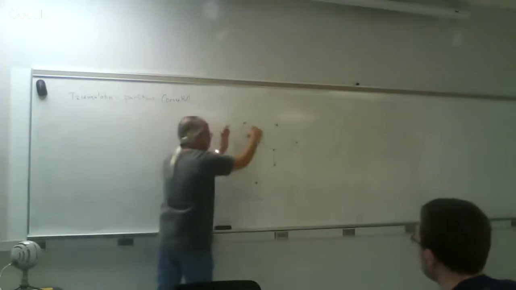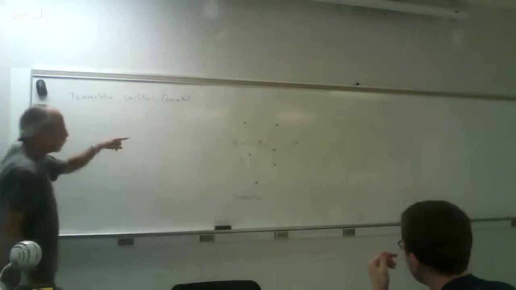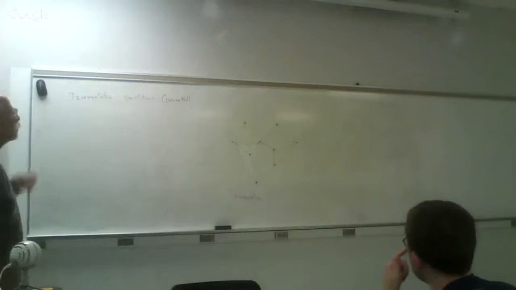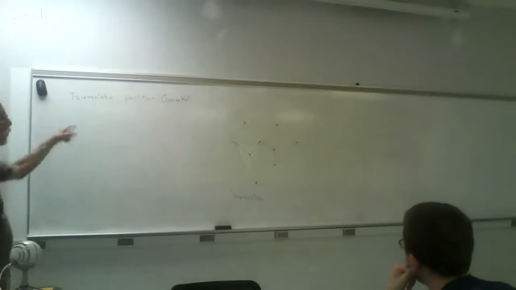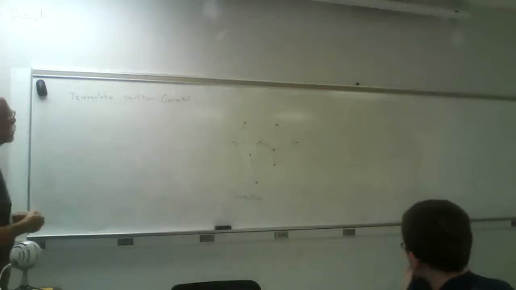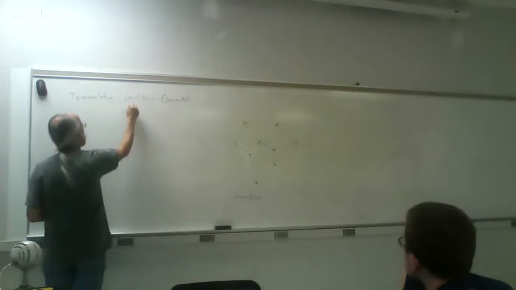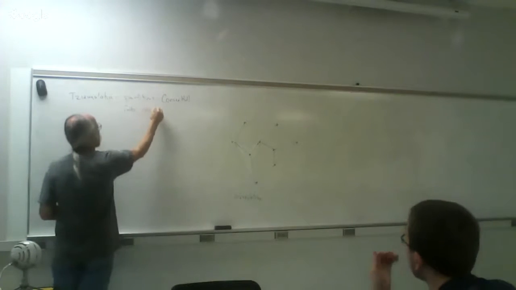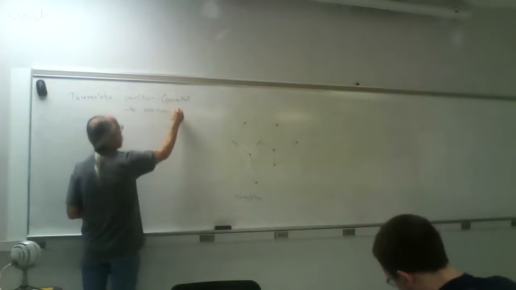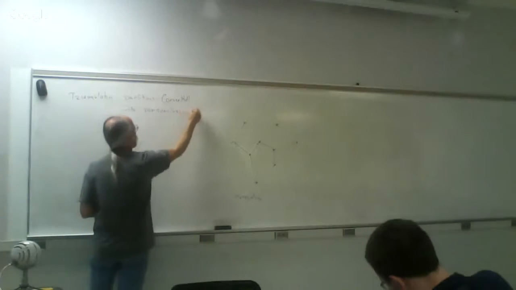That whole enclosed area is the convex hull. The points around the edge are the vertices of the convex hull. So we're actually partitioning the convex hull into triangles, into non-overlapping triangles.